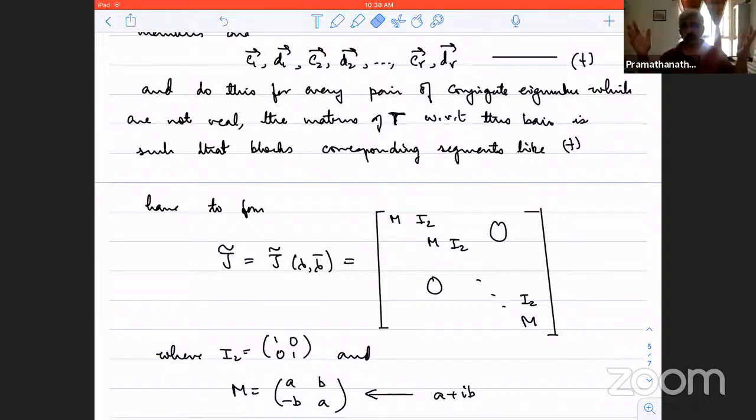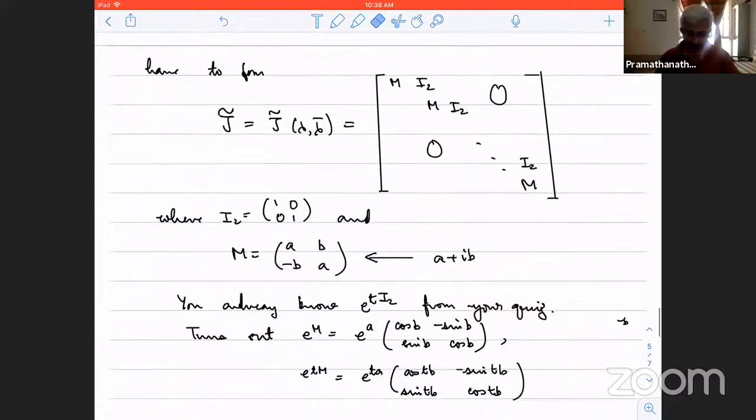So suppose you conjugate a matrix, gamma A gamma inverse. The exponential of this is the conjugate of the exponential of A with respect to gamma. And that's also totally trivial to see.